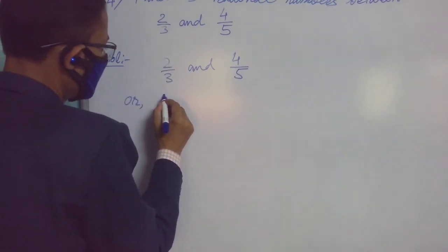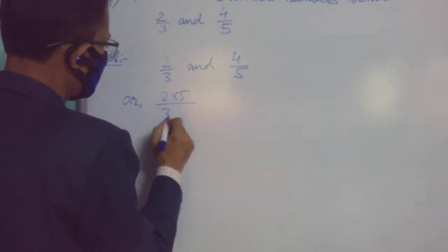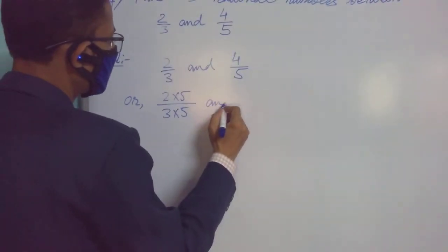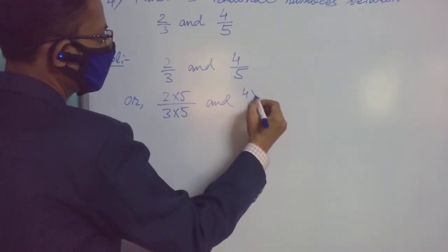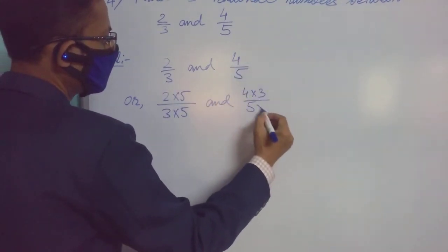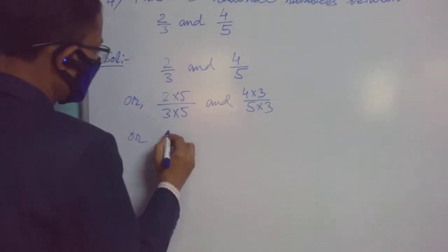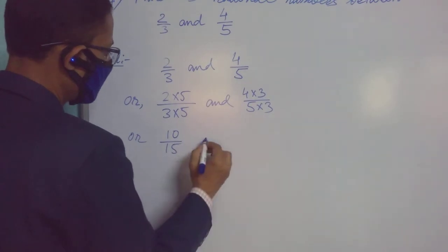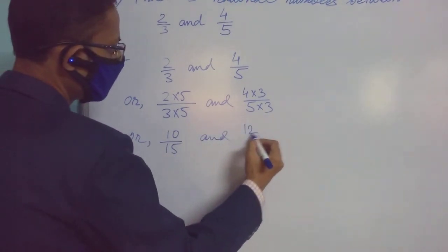So 2 into 5 by 3 into 5, and this 3 will multiply with the numerator and the denominator. So 4 into 3 by 5 into 3, or 10 by 15 and 12 by 15.